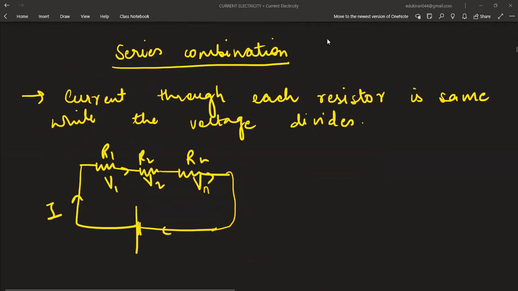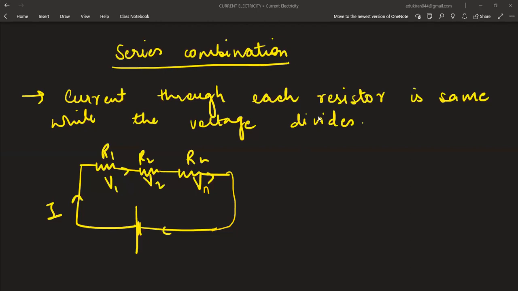Yes, class. So see, coming to series combination and parallel combination. Now, one thing we have already discussed in the chapter capacitance, how to solve the questions of capacitors. So same thing, see, their charge remains the same in the series case.